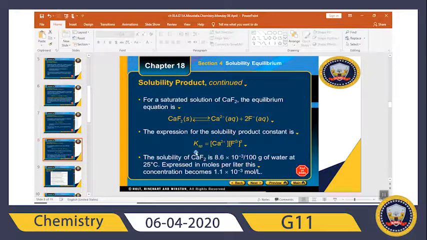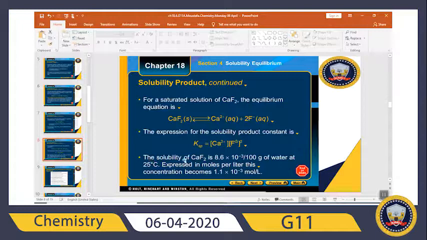So the solubility product constant, Ksp, equals the concentration of calcium times the concentration of fluoride to the power of coefficient 2. Sorry, this symbol is a minus, a negative charge. I copied and pasted it from the digital source as it is.